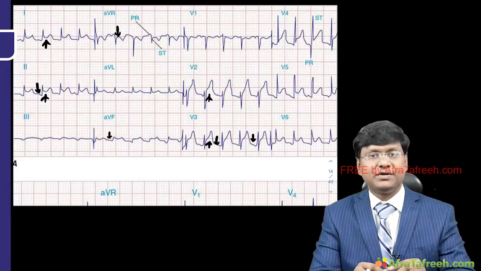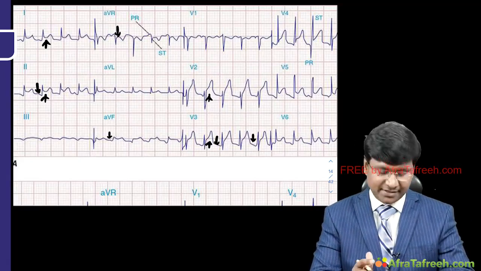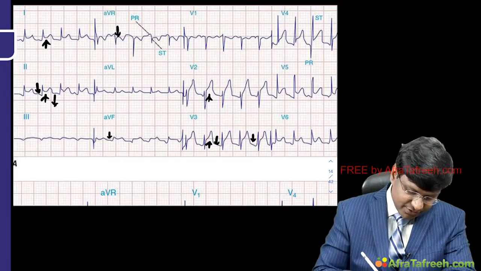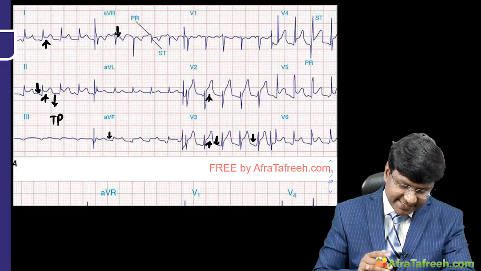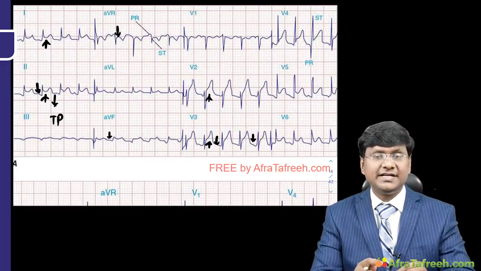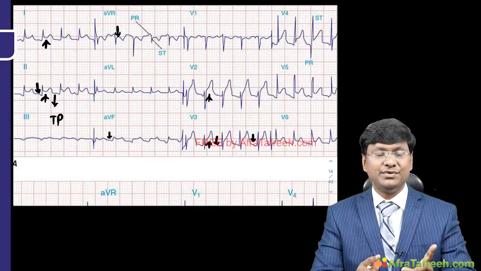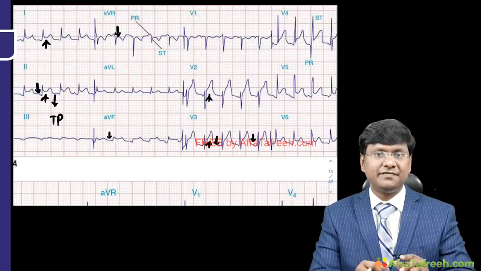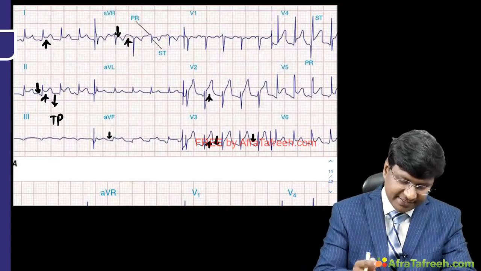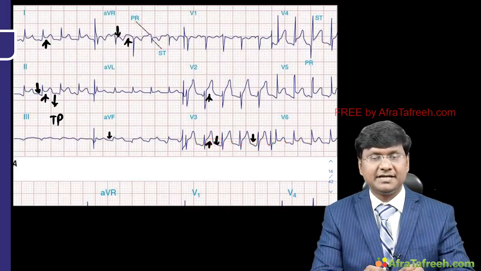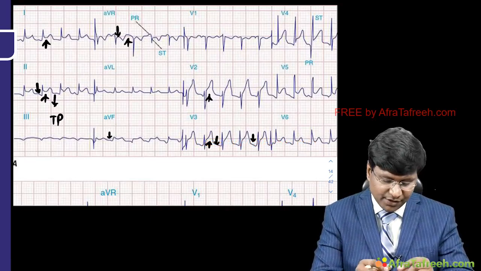Always compare the PR segment with the TP segment, which is considered the isoelectric baseline. You will find that the PR segment is depressed, except in AVR, where the PR segment is elevated.